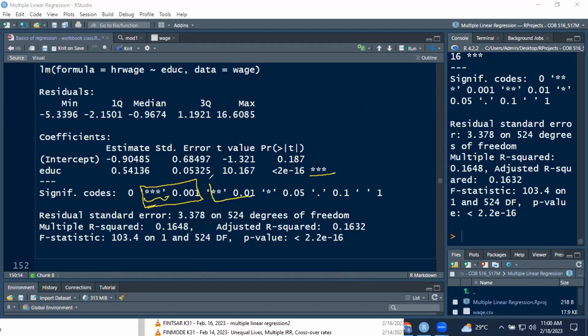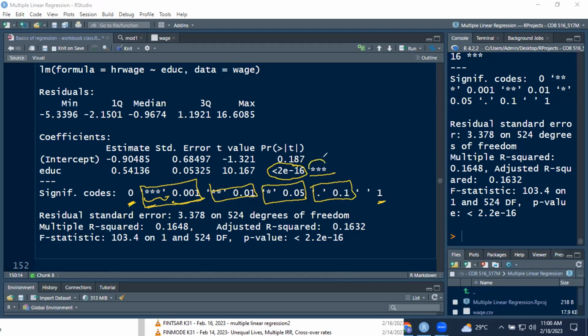Itong 2 asterisk, 0.01. Itong 1 asterisk, 0.05. Itong dot, 0.10. So it ranges between 0 and 1. So ang ibig sabihin nito, that our p is significant at 0.001 level, kasi nga, itong p-value natin is much less than 0.001.